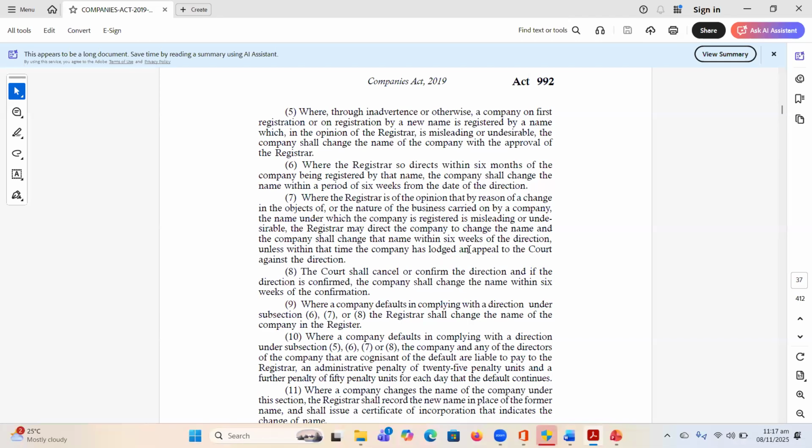So where for whatever reason you decided to change what you originally set out to be doing, you are doing something else, it may warrant consequential modification or change of your name so as to let your name align with your core activities. Otherwise, you may be misleading or confusing the public, in which case it will be a proper scenario for the Registrar of Companies to intervene and direct you to change your name. And when you are so directed, you must comply within 6 weeks, unless maybe if you disagree with the registrar, then you appeal.